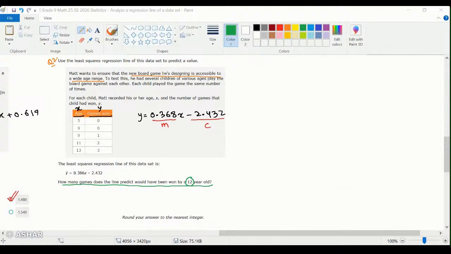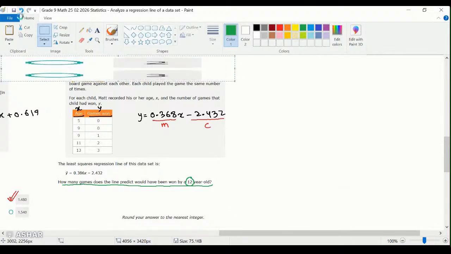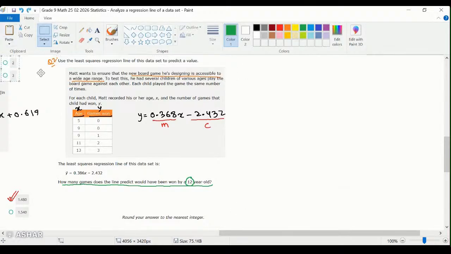The 12-year-old can either win 2 games or 3 games, one of these two options. Let's see what is the possible answer.